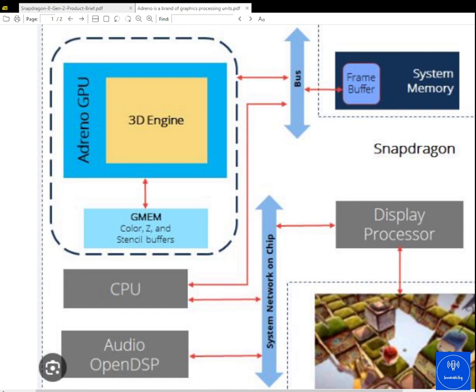Then step number 7 is what we call display output. The GPU sends the content of the frame buffer to the display controller, which then displays the rendered image on the screen. So that's how the processing of graphics takes place in a GPU, or graphic processing unit.